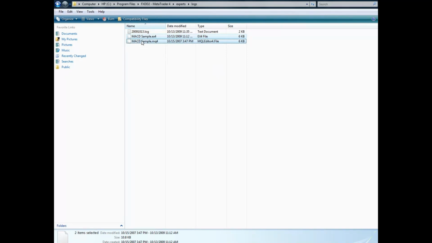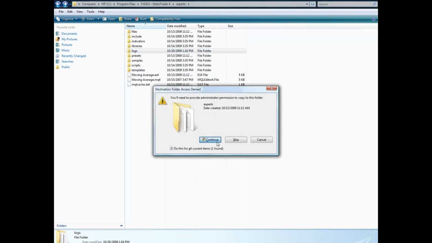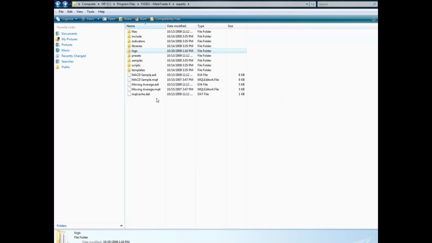They don't go here. These are some I just stored here just so we could copy them to the correct directory. So I hit Control C, go back over to Experts, hit Control V to paste, and the MACD sample and the other MACD samples show up.